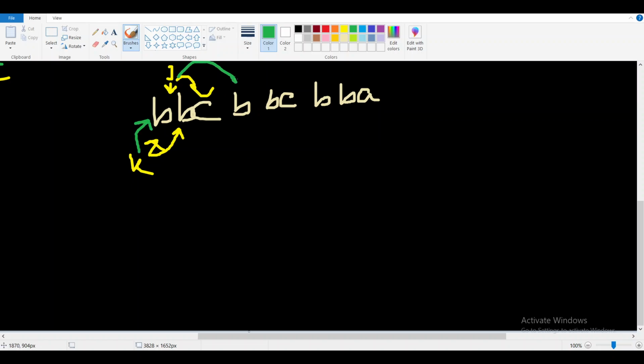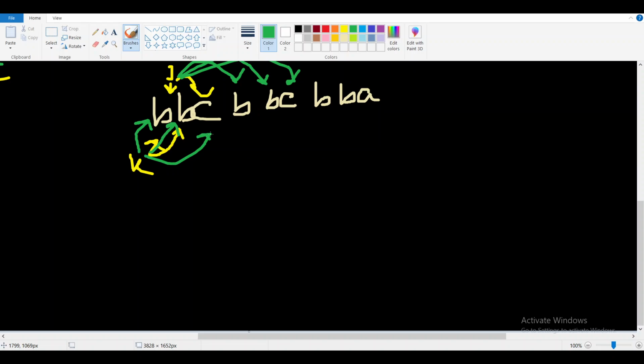Now again the comparison starts. Sj equals Sk, so this will be incremented here. Again Sj equals Sk, J is incremented to here. Now Sj equals Sk, so K will be moved forward and J will also be moved forward.